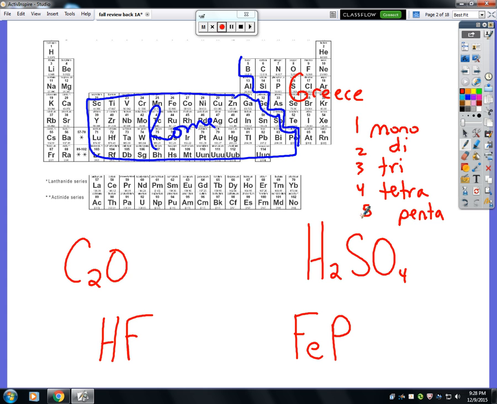I need that because I have carbon, and where does carbon land? Looky there, it lands in Greece. That means you speak Greek. So you write down carbon, but instead of writing just carbon, I'm going to write dicarbon because there's 2 of it. In Greece we're fancy and we talk about the number.